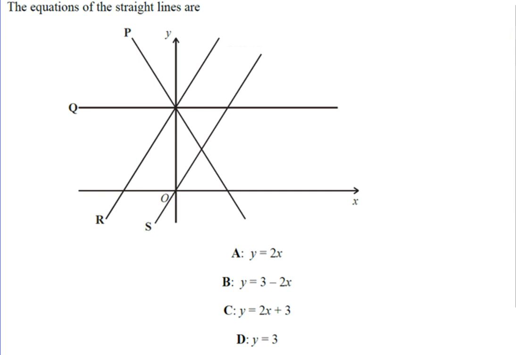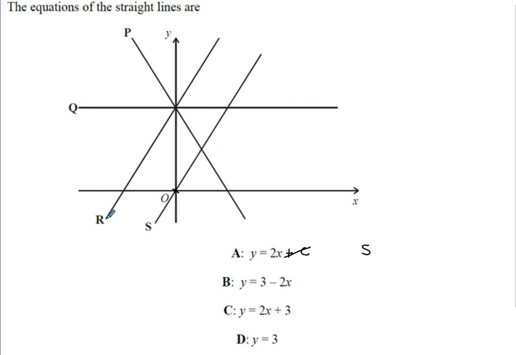Okay, we're trying to match the equation with the straight lines. So here we've got y equals 2x. Okay, as you can see, there is no y-intercept. So you know that it has to cross at the origin. So immediately we can say equation A relates to line S. Okay?